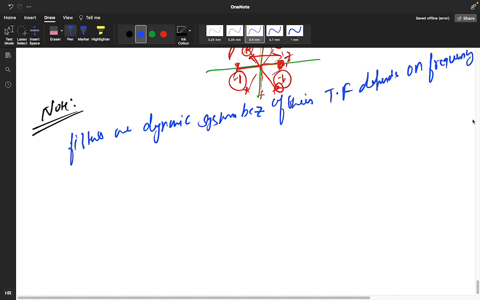So this was the concept of static or dynamic in terms of an LTI system. Understood up to here, or is there any doubt?